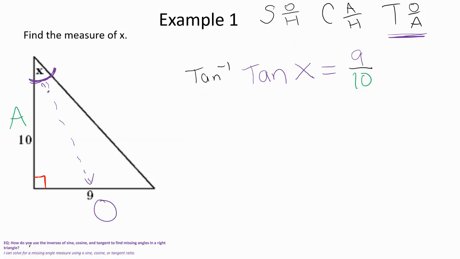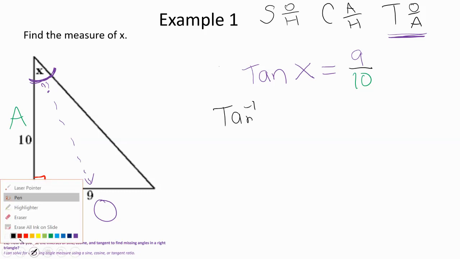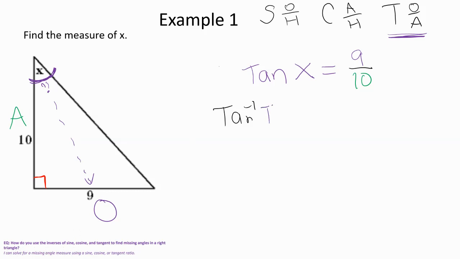So we're going to go ahead and do that to each side. Let me go ahead and write that in the next one. We're going to do the tangent inverse of this side, and the tangent inverse of this side. So I'm going to put tan inverse, and we're just going to write tangent of x equals 2, and we're going to do the tan inverse.